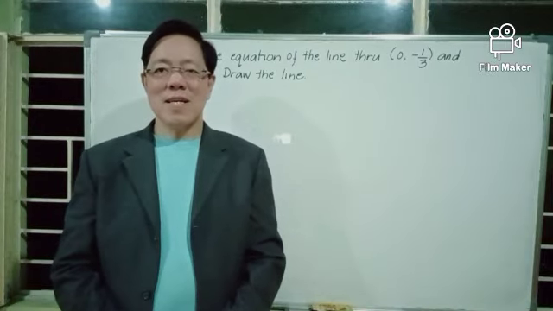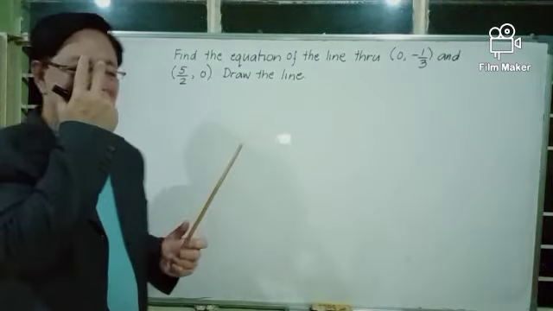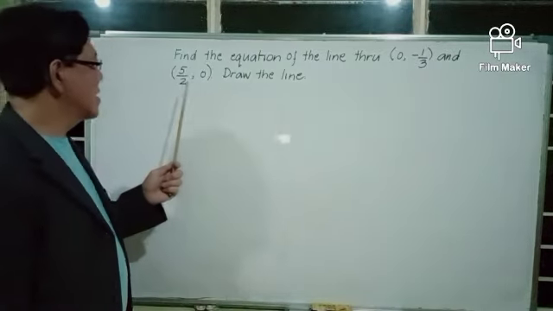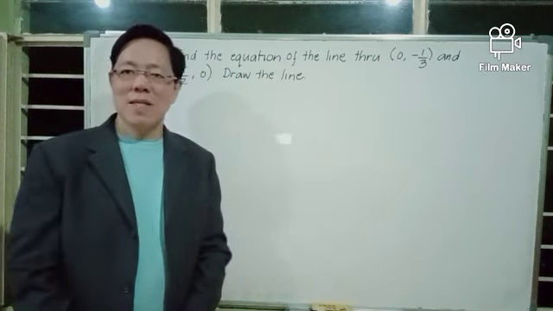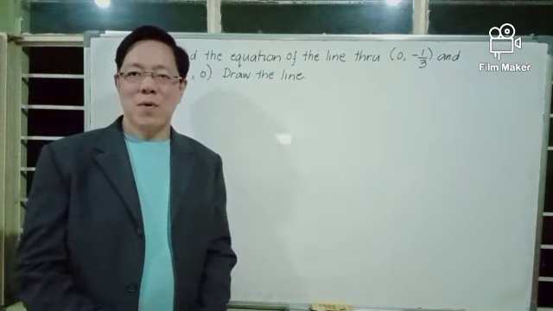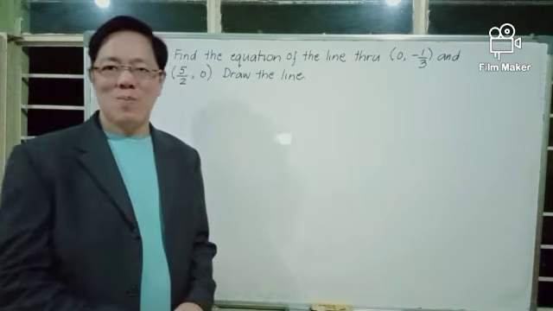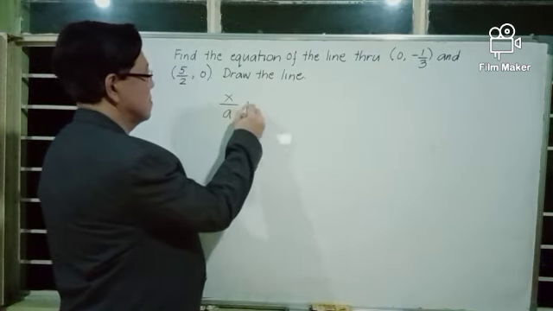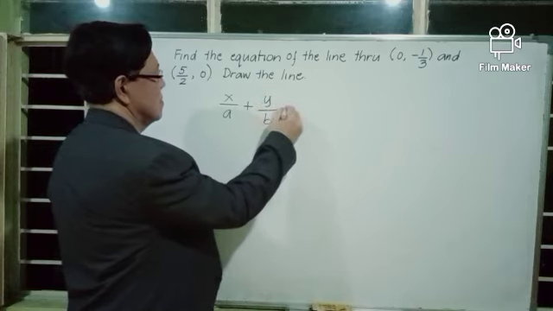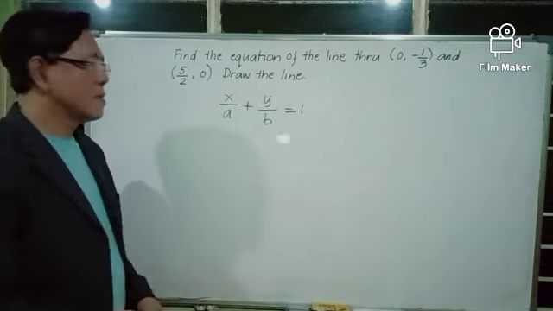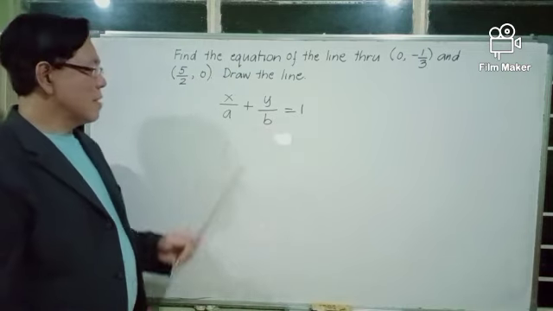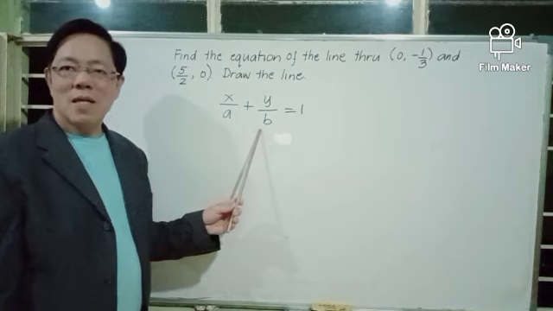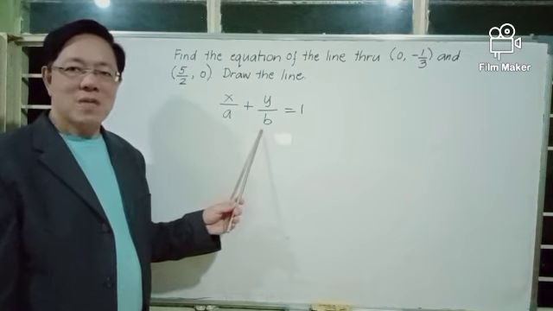We now find the equation of the line through the given points (0, -1/3) and (5/2, 0) using the intercept form, which is an equation of this form. This is the intercept form of equation of the line, where a and b are the x-intercept and y-intercept respectively.